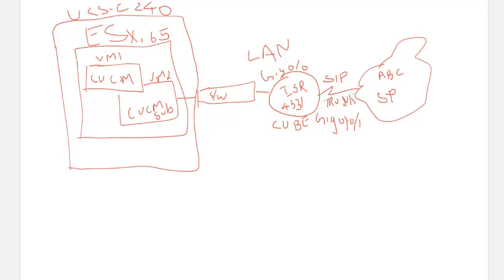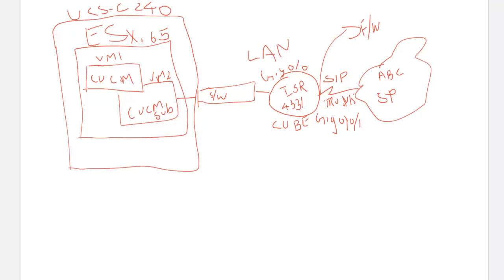So you could have some different scenarios. You could have, for example, on this external interface a firewall, which I don't have right now, but a lot of companies do have a firewall, or they do not.